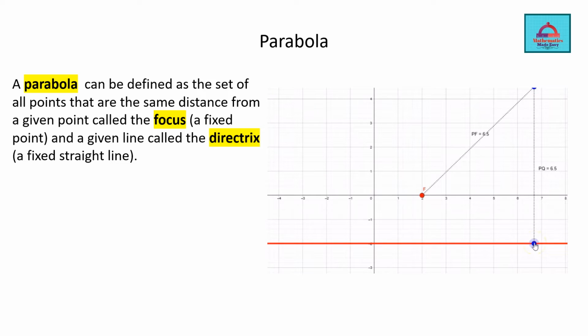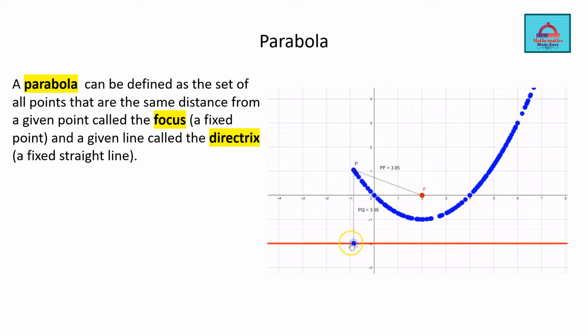So PF and PQ, when they become equal, the surface which is generated by joining all the set of points, as you see the blue curve here, is a parabola. I hope the animation helps you to visualize the shape of a parabola.